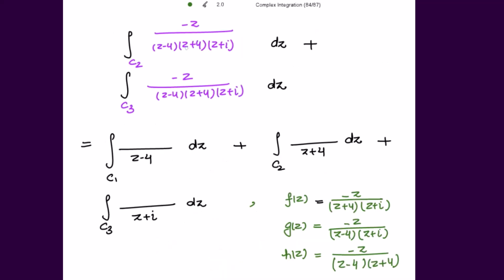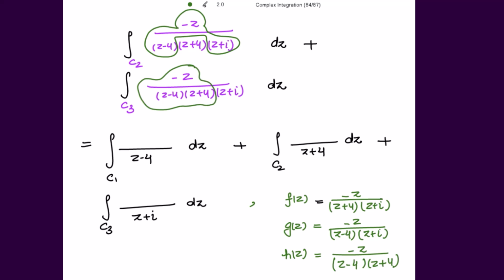For the second circle, because C2 is constructed for the point z equal to minus 4, we take our function to be minus z over (z minus 4)(z plus i). And for the third circle, because C3 has center z equal to minus i, we take the function as minus z over (z minus 4)(z plus 4).